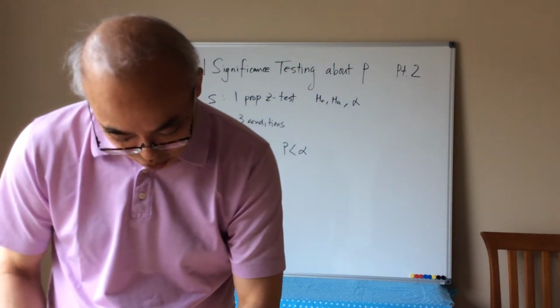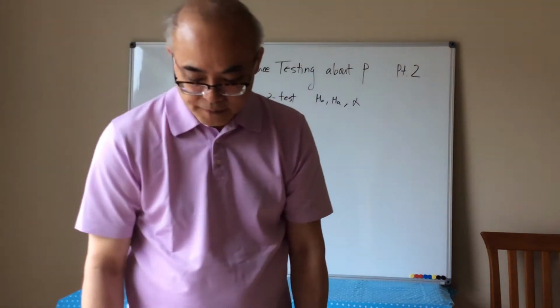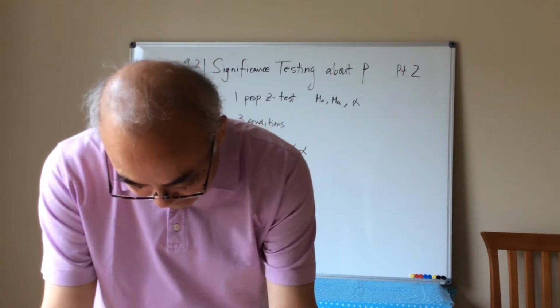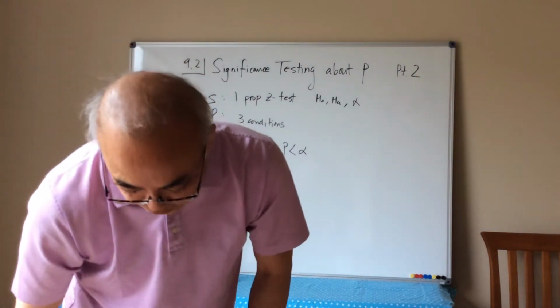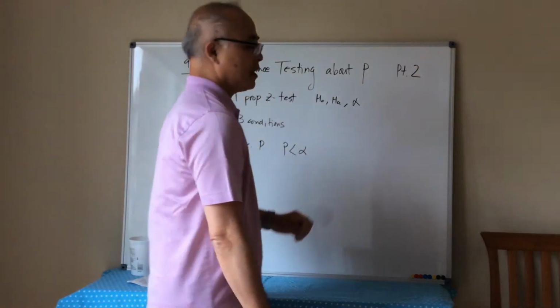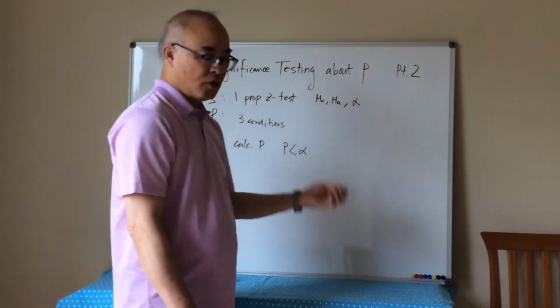If you look at page 573 on the bottom, there's a green box, and I'm talking about a one sample z test for proportion. There are three different alternative hypotheses here: one is greater than p naught, one is less than p naught, and one is not equal to p naught.